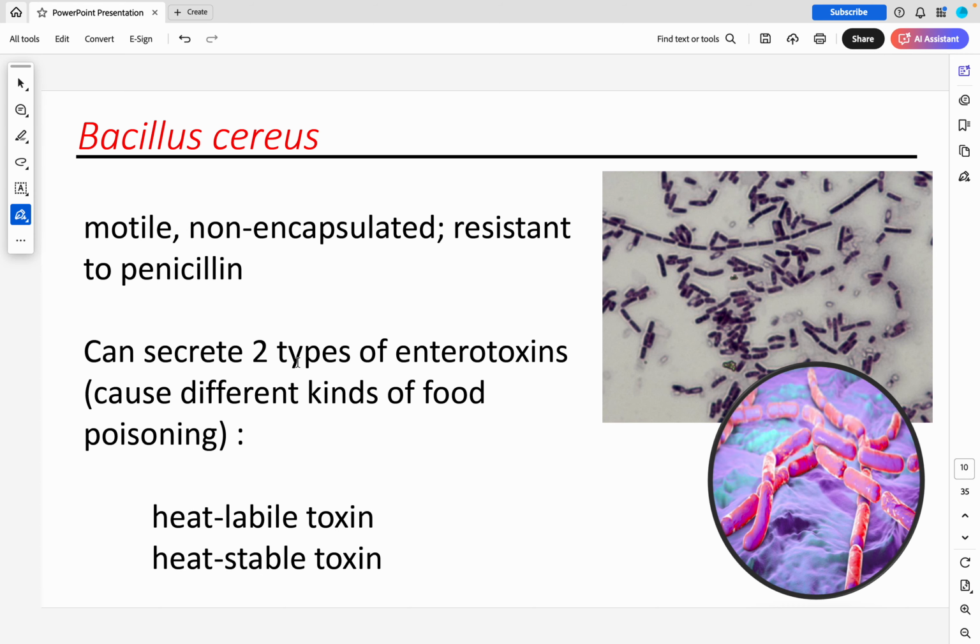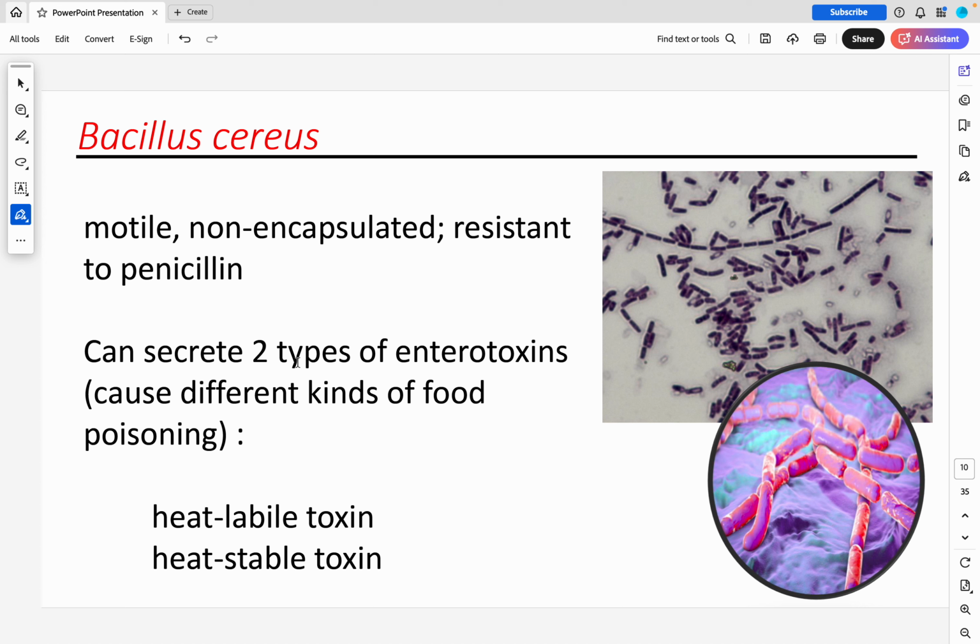Okay. Then we have another Bacillus species, B. cereus, which is motile and does not produce a capsule. It is resistant to penicillin, and it can cause two types of intestinal disorders depending on the toxin that is released.